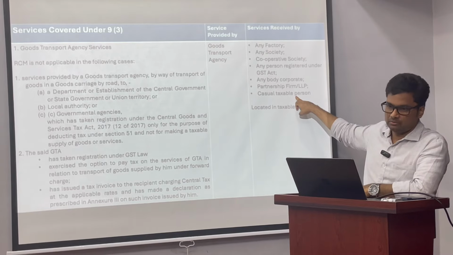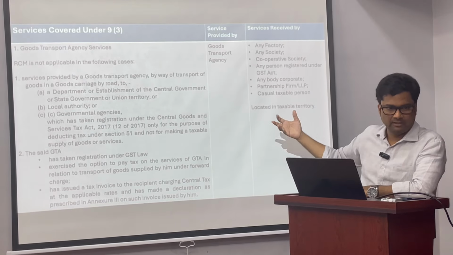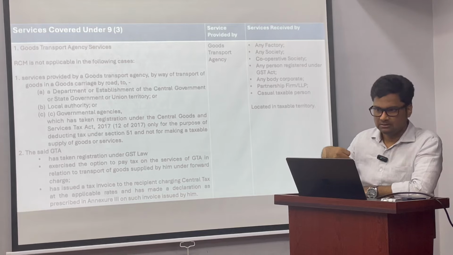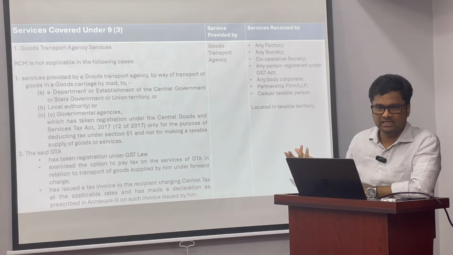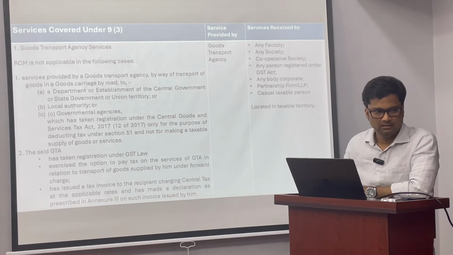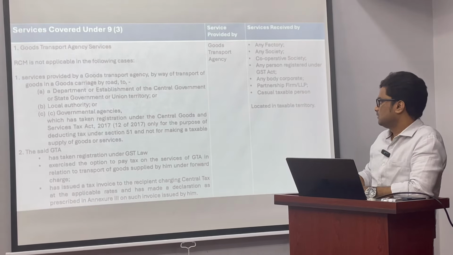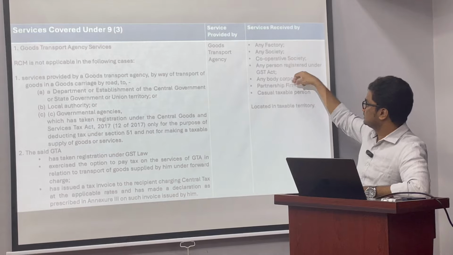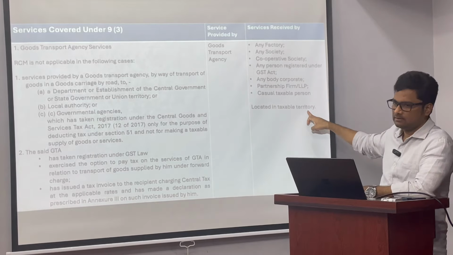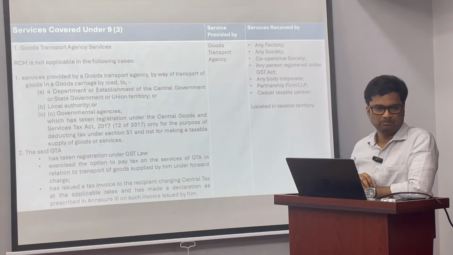Even there, if they get stock, it means they need a GTA. They are also liable to pay under reverse charge mechanism, provided they are located in the India taxable territory.